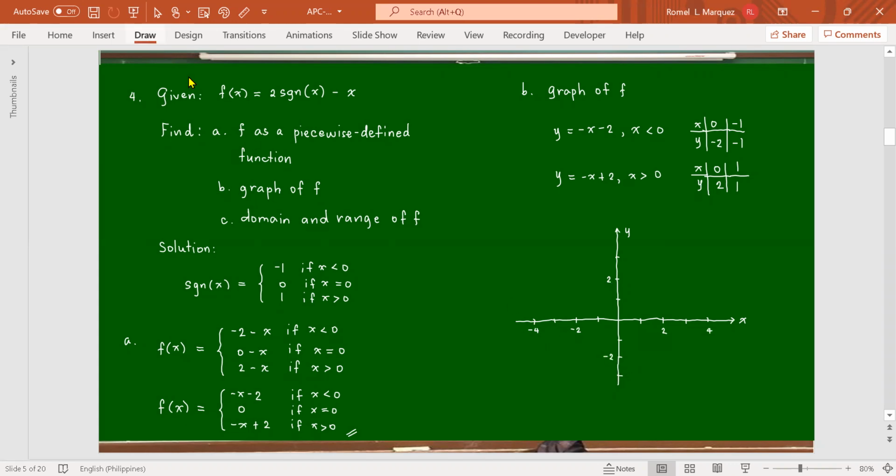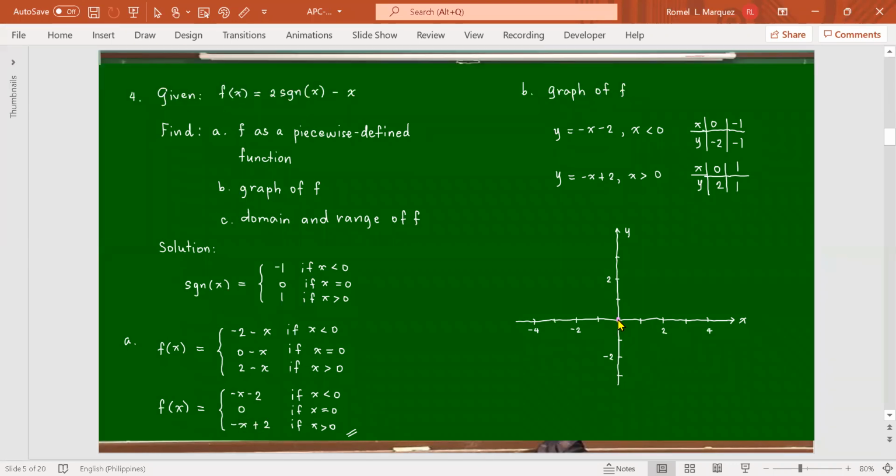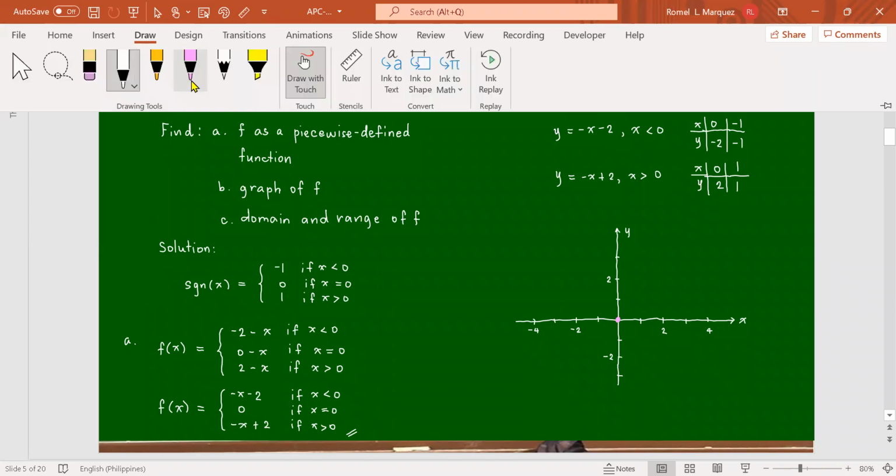So the middle part here is 0, 0, an isolated point. The other one, for the first one, is 0, negative 2, but it is open. Clear, guys?